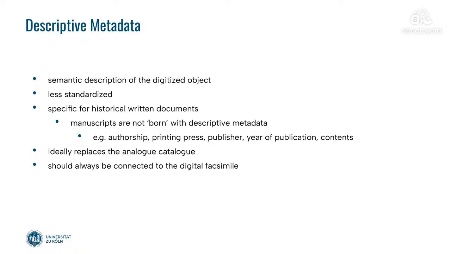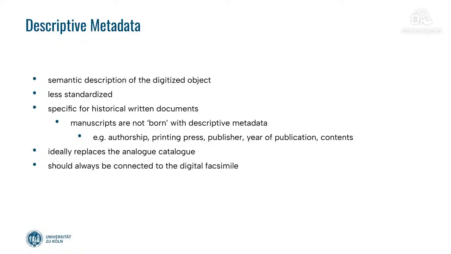So we often don't have authorship. We often don't know for sure who was the issuer, the printing press, the scribe, the publisher. We mostly don't know the year of publication unless it was reconstructed later, or there are some hints in the manuscripts. And also there is no list of contents.